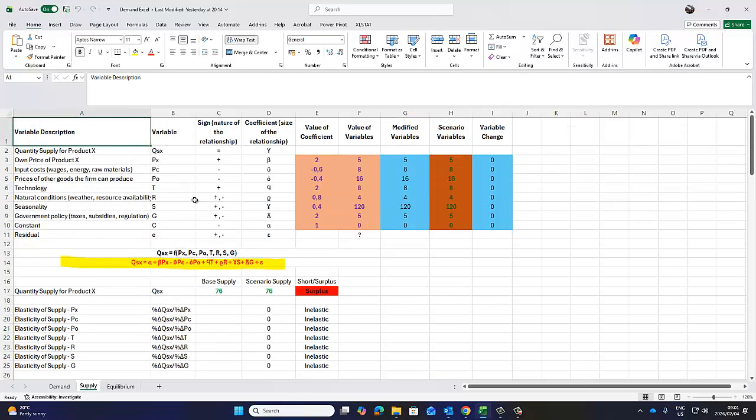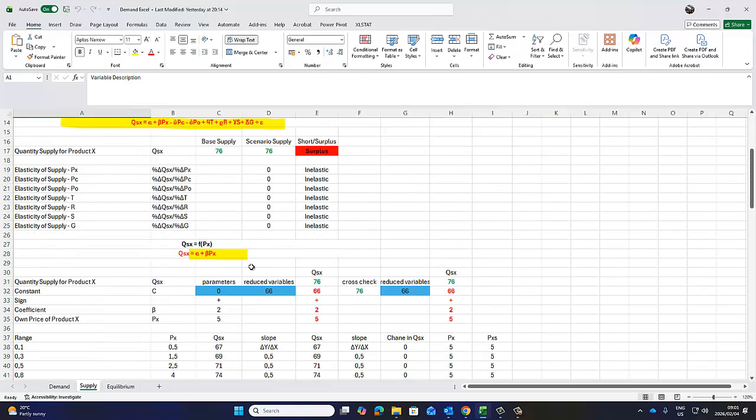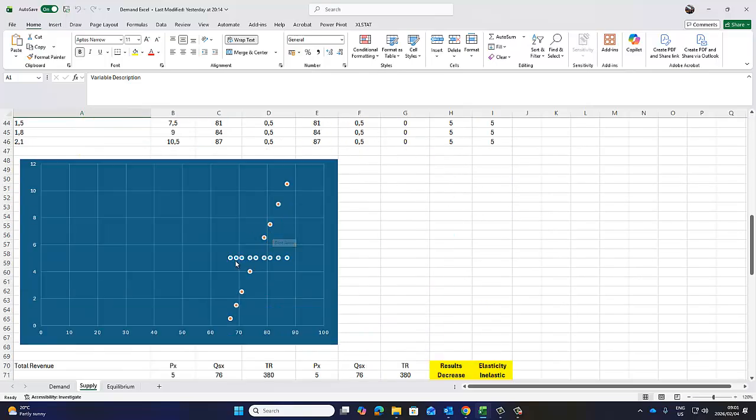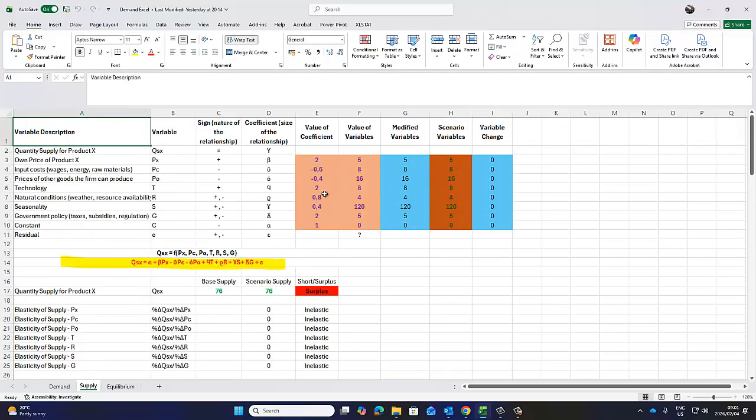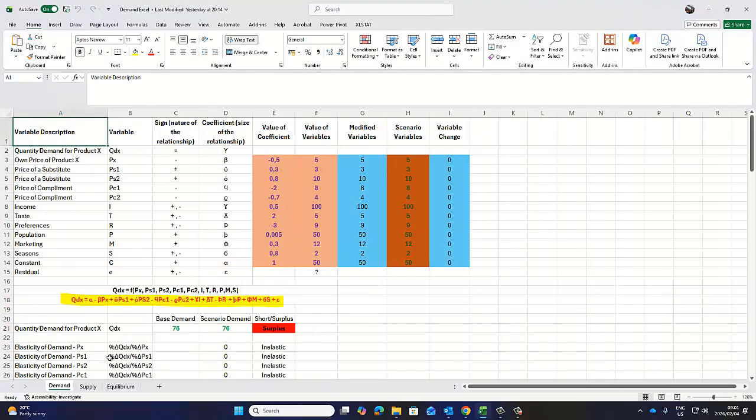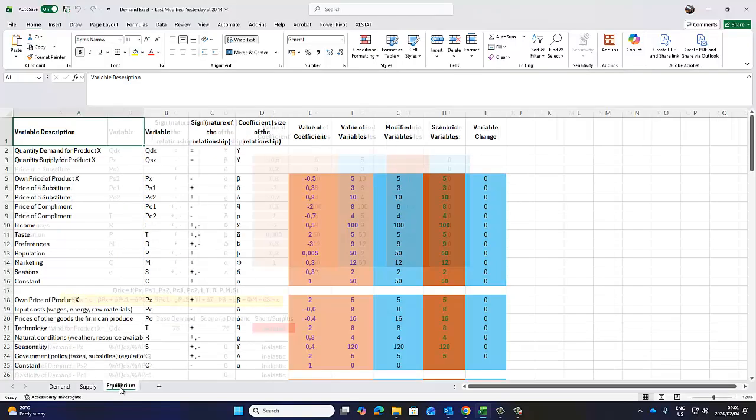I've got my supply variables, my supply signs, my supply coefficients, the equations, and I've got my supply curve and its price. And I said they all have a base and a derived scenario, so you can compare if this changed, if that changed, etc. So there's my demand and supply sheets, or my demand and supply models, if you want to express it that way. So now, obviously, it's time to do equilibrium.